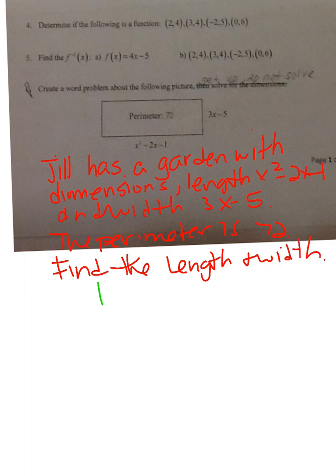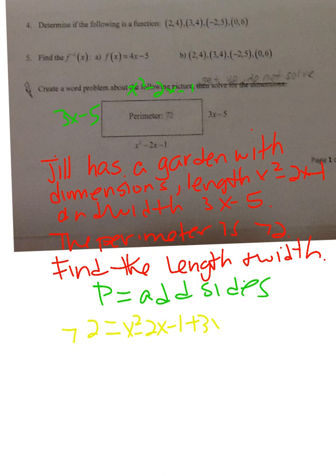Okay, so remember, perimeter means to add up all the sides. So this would be x squared minus 2x minus 1, and this would be 3x minus 5. So I would have 72 equals x squared minus 2x minus 1 plus 3x minus 5 plus x squared minus 2x minus 1 and 3x minus 5.